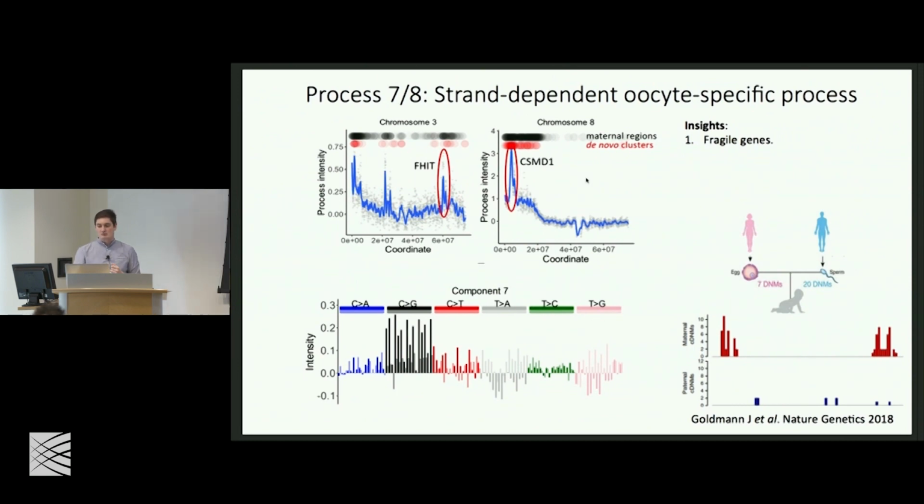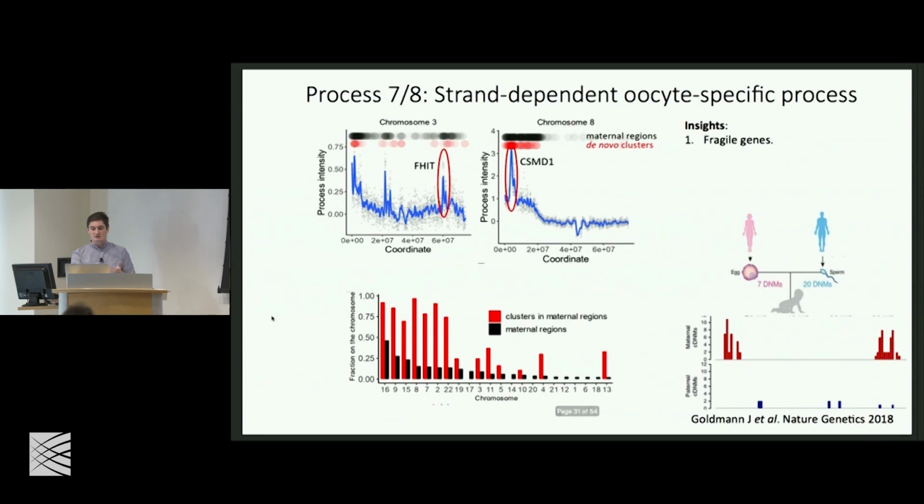When we looked at maternal de novo clusters, it turned out that they perfectly corresponded to peaks of our process. When we quantified more formally, we indeed observed that if we arrange chromosomes by enrichment of what we now call maternal regions, then these regions are dramatically enriched by de novo clusters. So we concluded that this process is associated with specific mutagenesis.